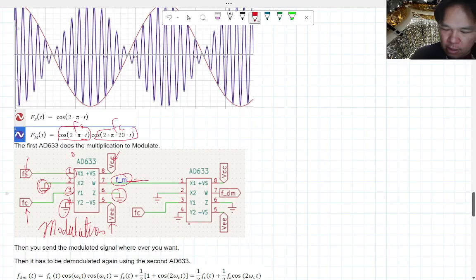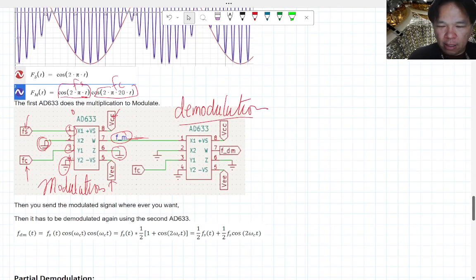And then you can also demodulate it with a second AD633, by just having that modulated signal go straight into the input of the other one. In order to demodulate, of course, you need the carrier.